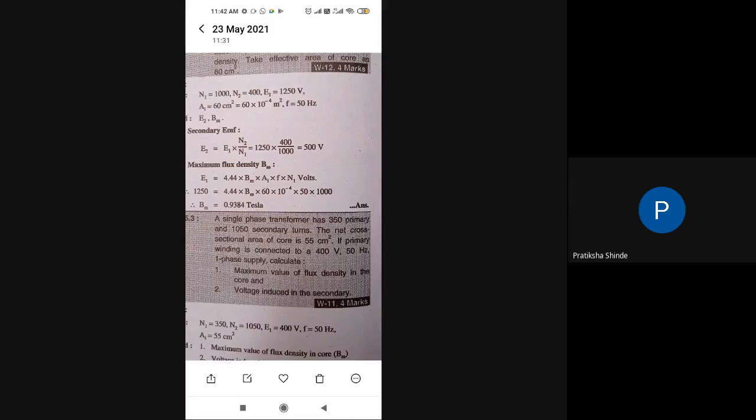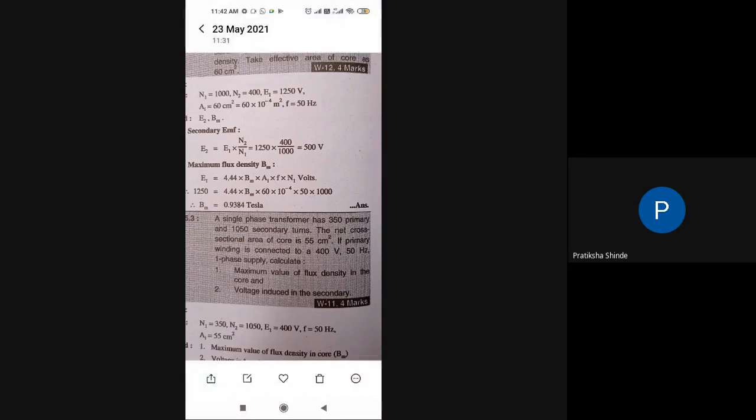Next, the net cross sectional area of the core is 55 centimeter square, that is 55 into 10 raised to minus 4 meter square. The primary winding is connected to 400 volt 50 hertz AC supply. That means E1 is equal to 400 volt, F is equal to 50 hertz. Calculate the maximum flux density in the core, that is Bm, and the secondary induced voltage E2.